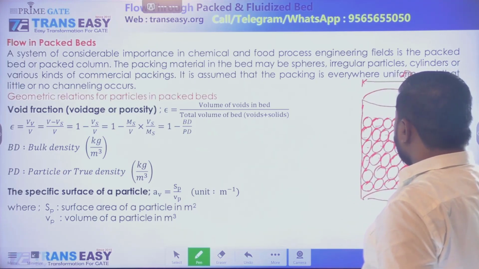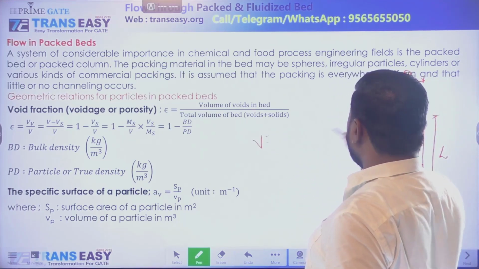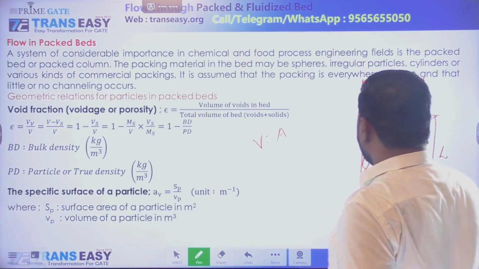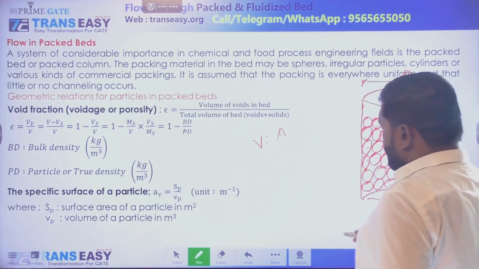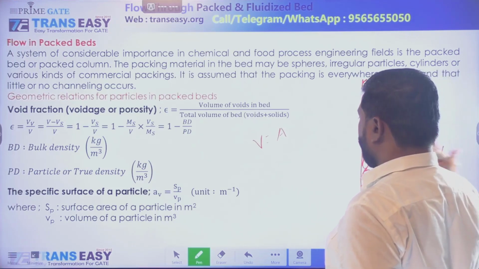So the total volume of this packed bed is cross-sectional area into height of the material in this bed, that is height of the bed.